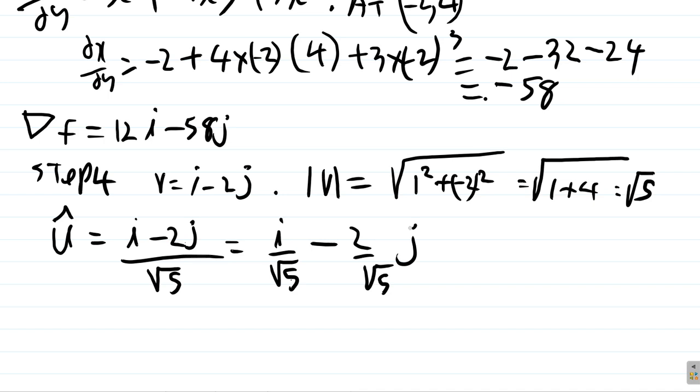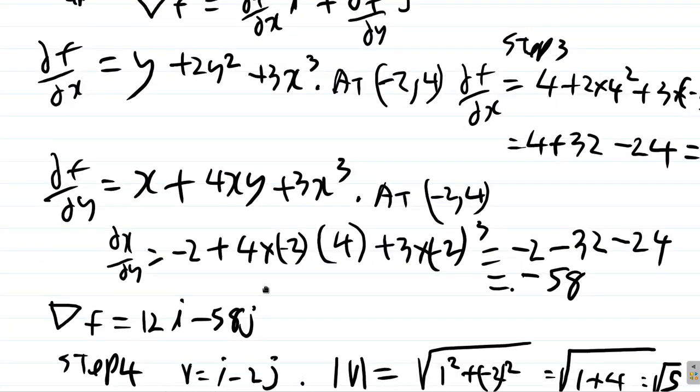Alright? Now, let's go to the next step. You're going to find the dot product of these two vectors. Alright?